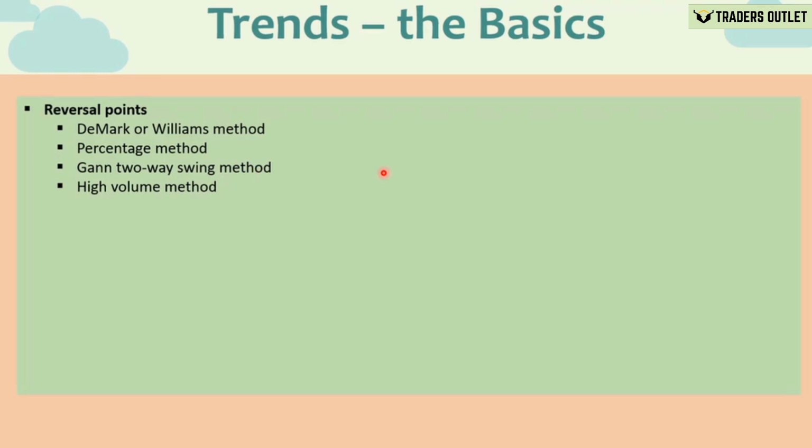In case of a trough, if we see higher volumes on the next day when your closing price is higher than our support point, then we can say this is a true support, and that's our high volume method. Now this is about our reversal points, or methods to calculate reversal points and support or resistance zones.